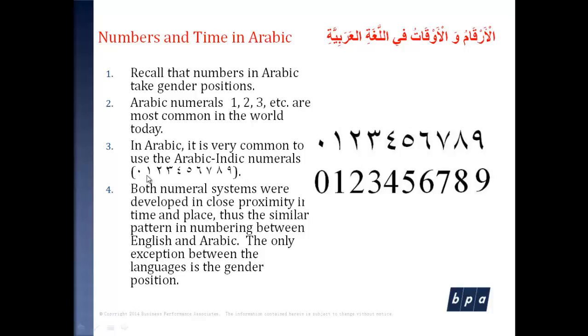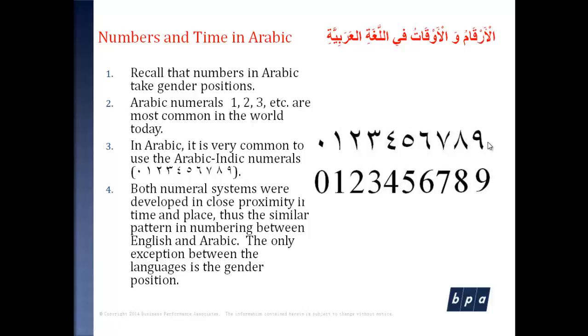This is 0, 1, 2, 3, 4, 5, 6, 7, 8, 9. صفر، واحد، اثنان، ثلاثة، أربعة، خمسة، ستة، سبعة، ثمانية، تسعة. So just exactly the same order.